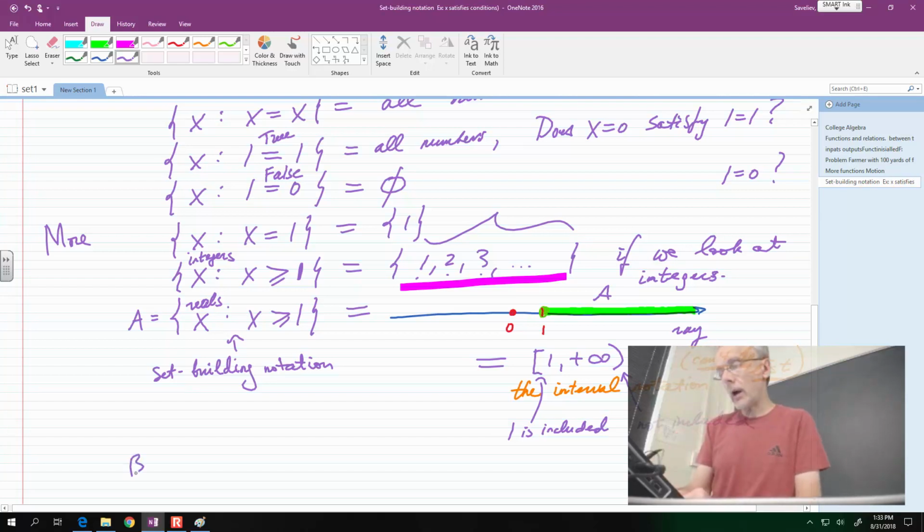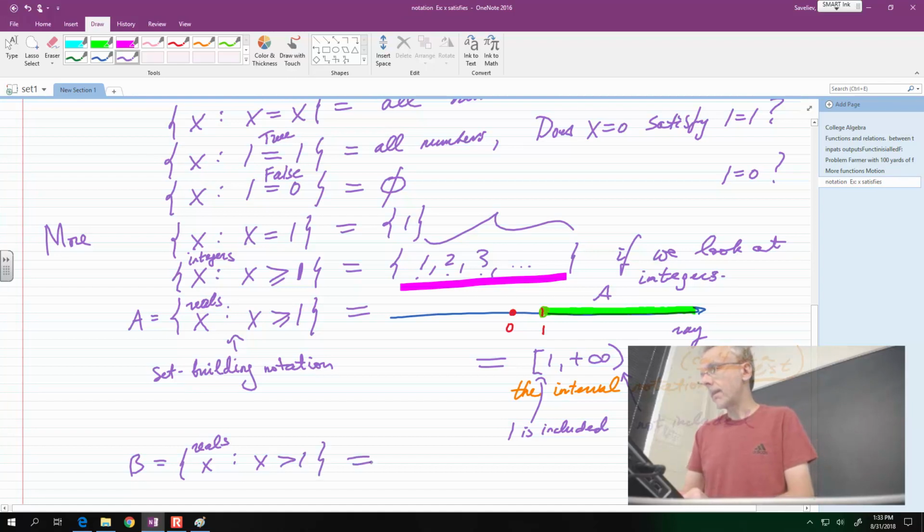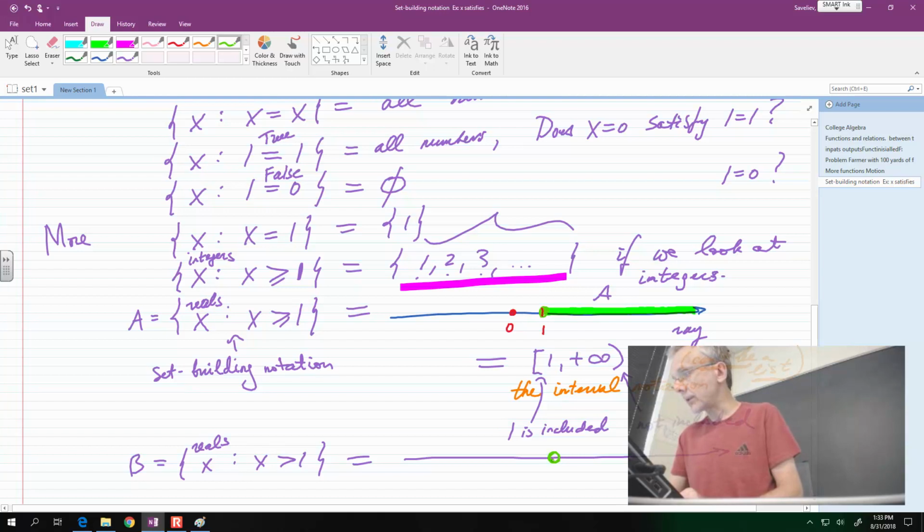So in contrast, if I pick set B, x, once again reals, x strictly larger than 1, then everything is very similar, except this time the 1 is excluded. This is how we visualize it. We put a number there, and then a circle there to indicate that 1 is not included.